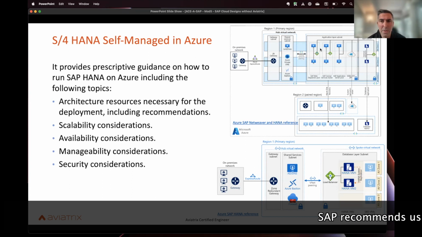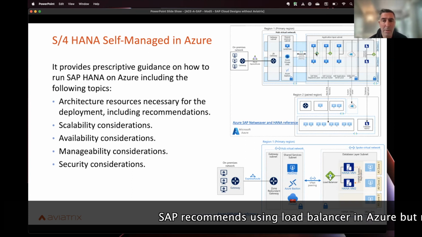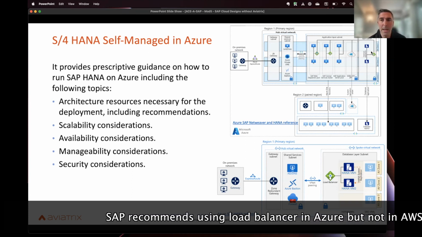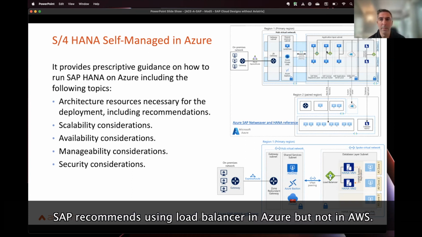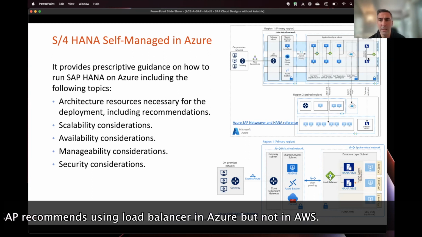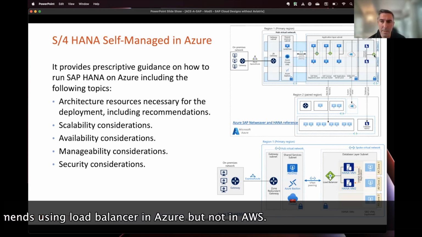You have load balancers here at the application layer where you have a VNet peer, and that VNet peer's next hop points to the application load balancers, and the application itself talks to the database brokered through the database load balancer.